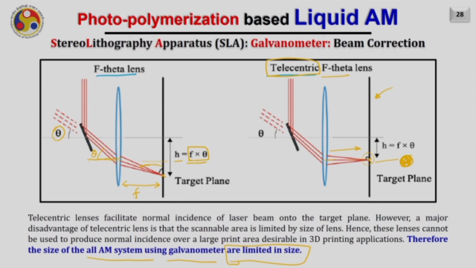For example, SLM machines, typically when they use a single galvanometer, the size of the bed is limited to 250 by 250 mm or 300 by 300 mm. If you want to go beyond that, multiple lasers are used. A single laser with a single galvanometer usually cannot give you a working area of more than 300 mm by 300 mm, and the reason behind that is this telecentric f theta lens.